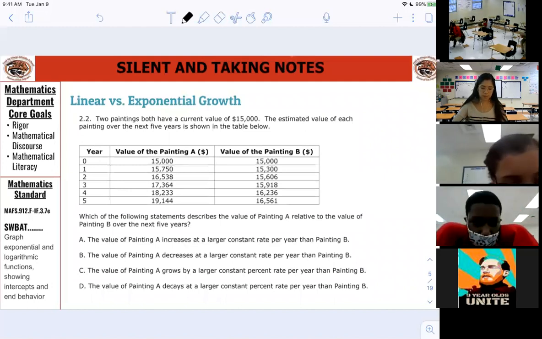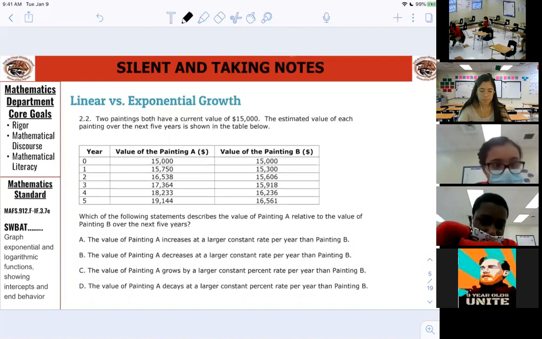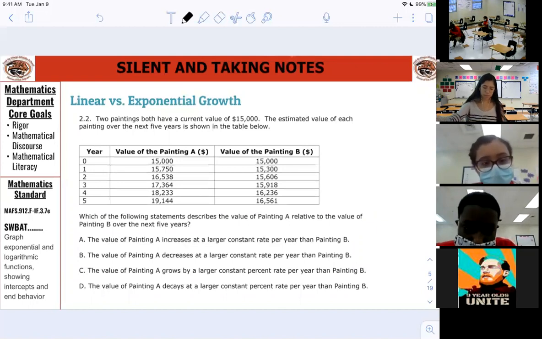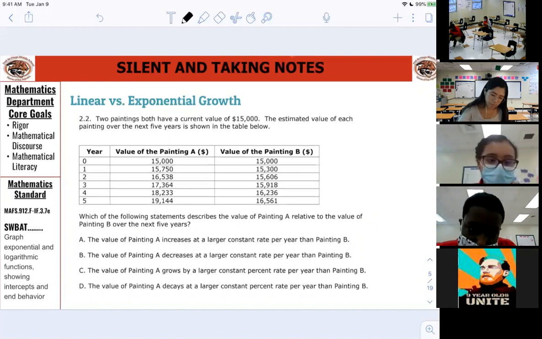Look at the pattern. Would it be A? What makes you think A? I think it's A because first it increases and then it has a downfall, and then it increases and then, oh no, it just increases.